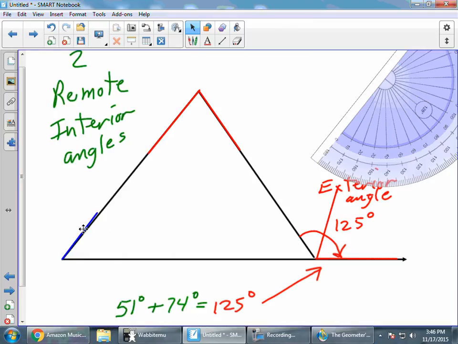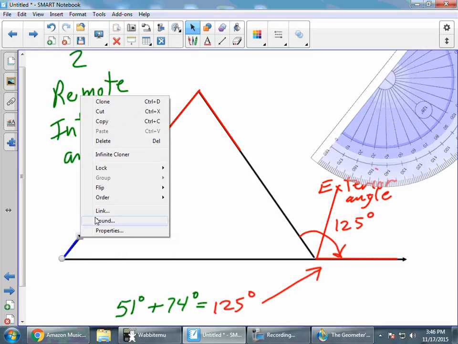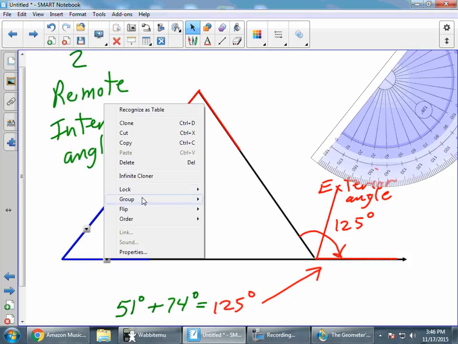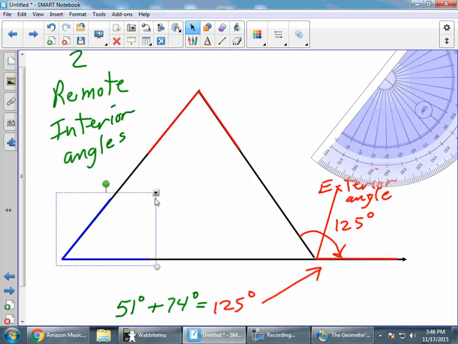Okay. Then I think I'm just going to clone that one too. Bring it up to there. Bring that one down. Bring that one to there. Group them, clone them.